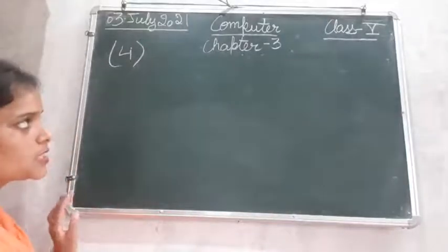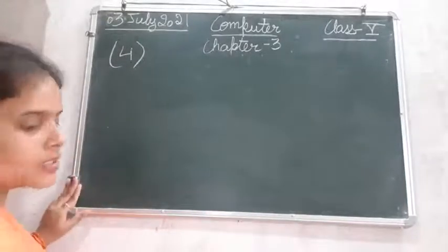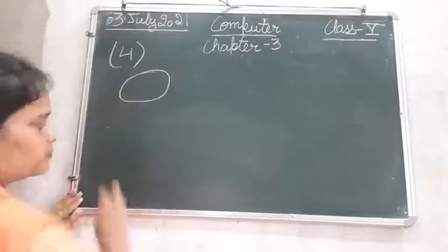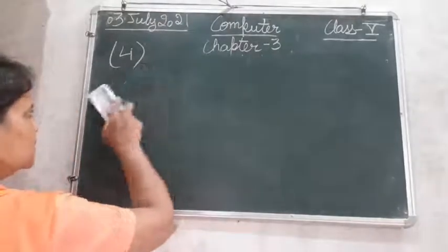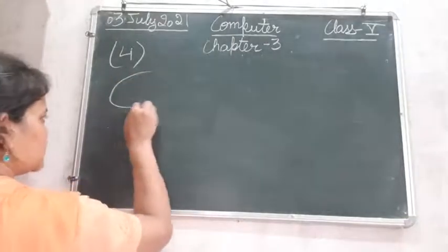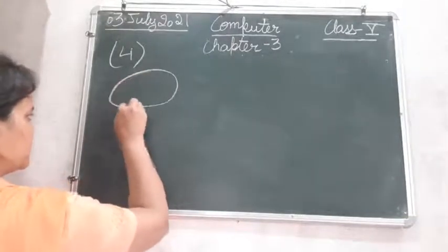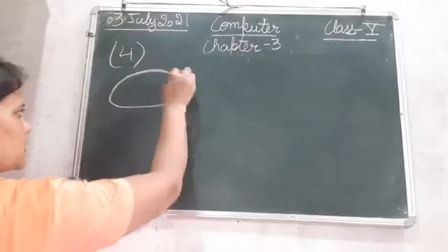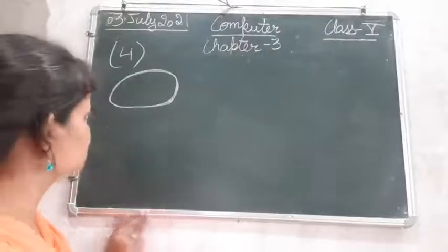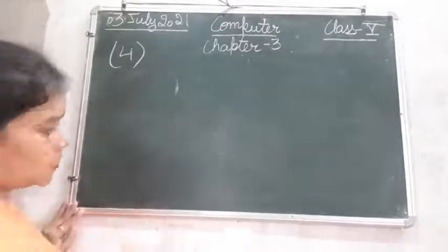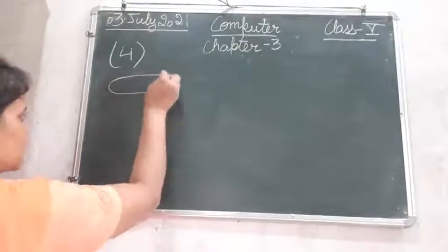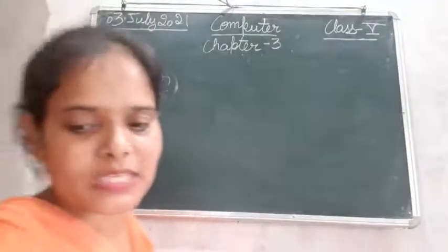The first symbol that is given here is oval. So let me make an oval shape. This is the oval shape that is given over here. Oval shape is in the shape of an egg. Sorry, I'm a little bit bad in arts. So the oval shape is given.